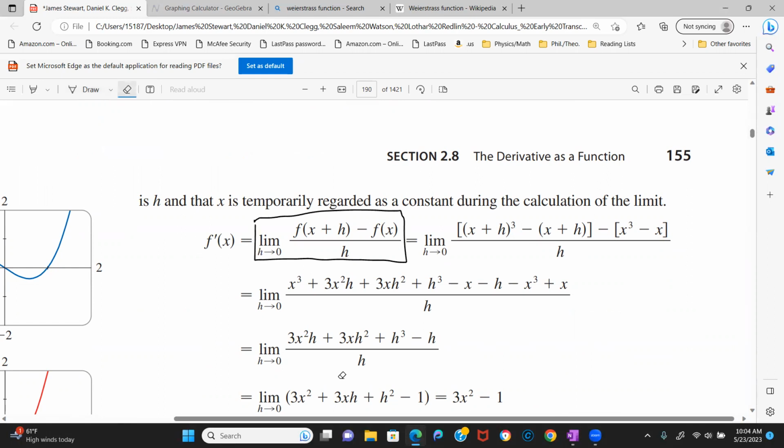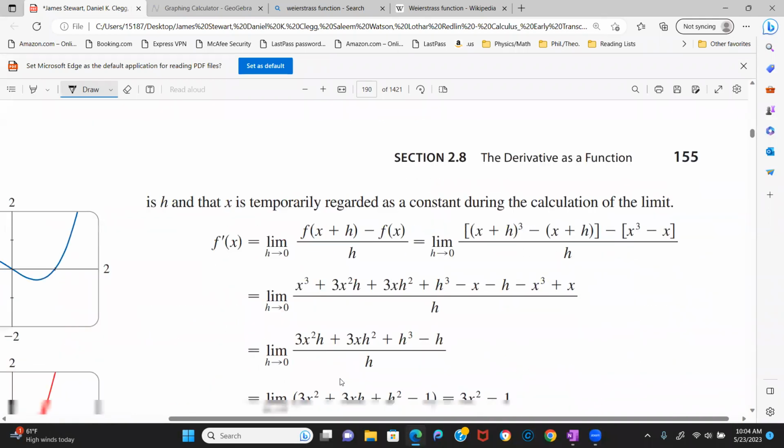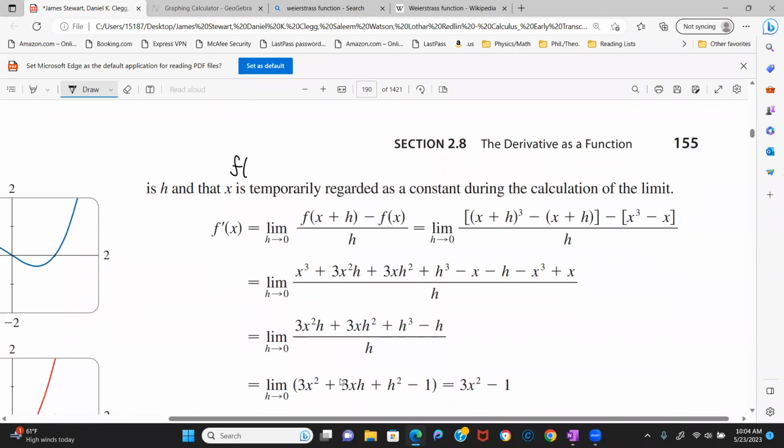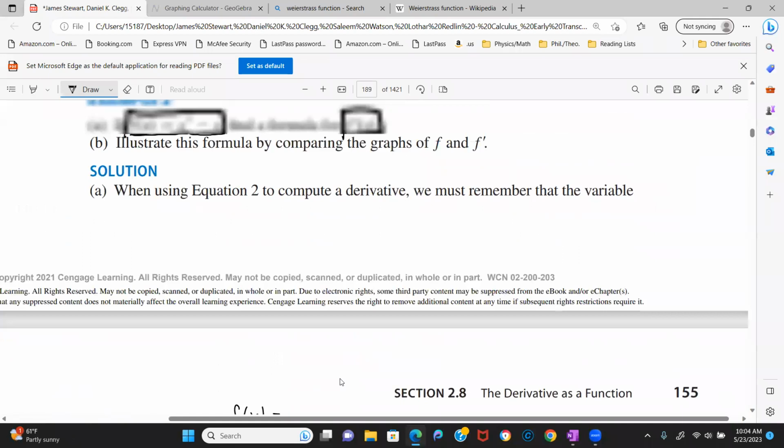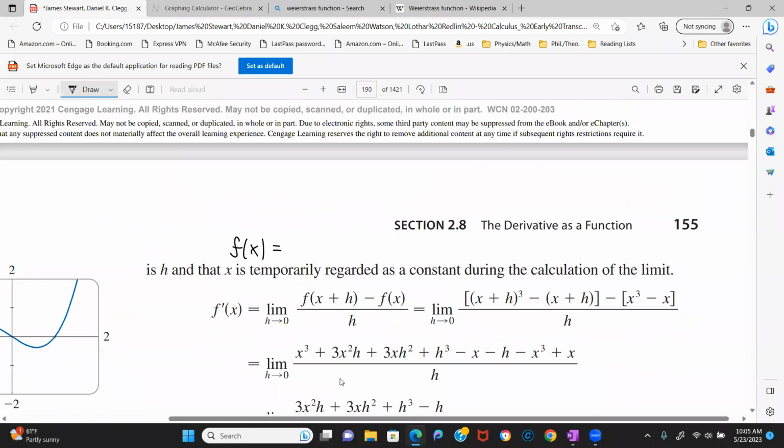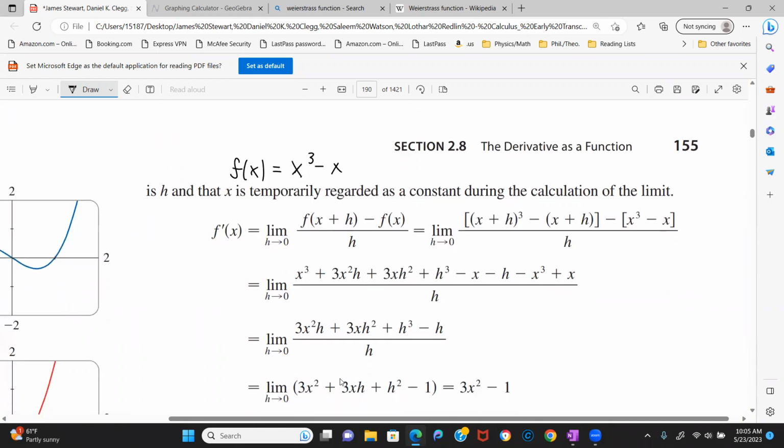Okay. And now we plug in the specific function. So let's write down our function, and I have to keep scrolling up and down. I guess it's x cubed minus x. So we're going to evaluate this at x plus h, and then just at x.